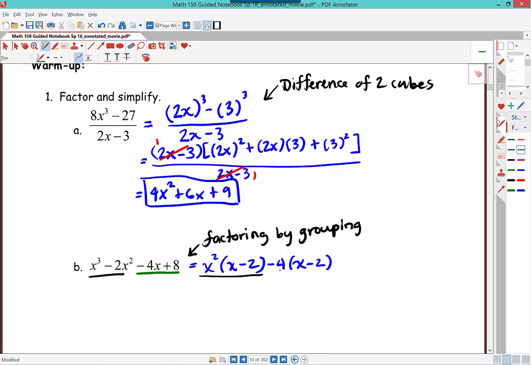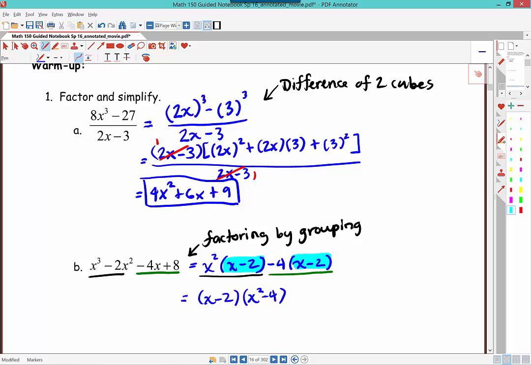So now I've taken this from 4 terms to 2 terms, and now I'm going to get this into 1 term where everything's being multiplied. That's factored form. So we've got a common binomial factor of x minus 2, and when we factor that out, we'll be left with x squared minus 4.